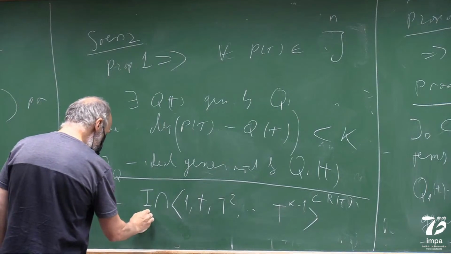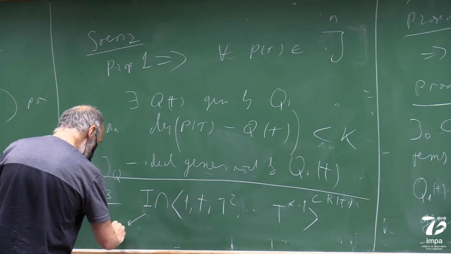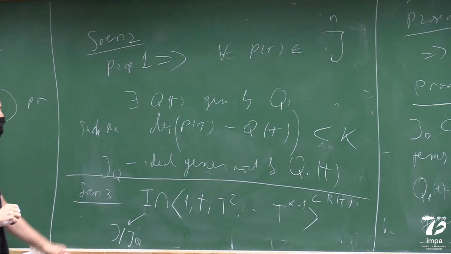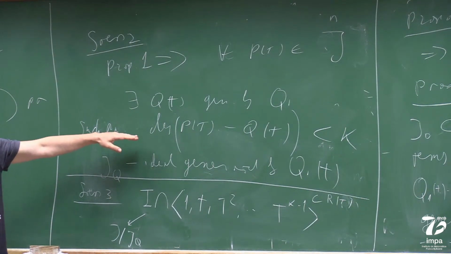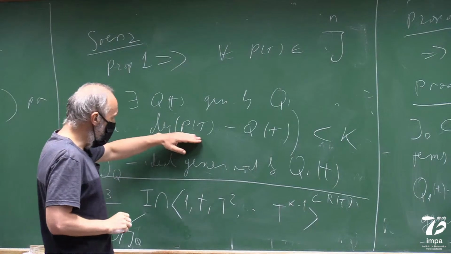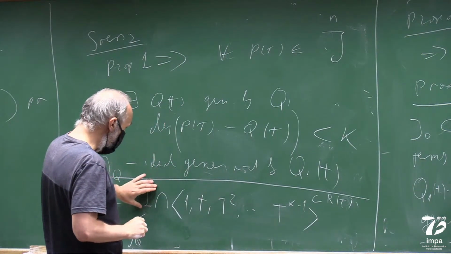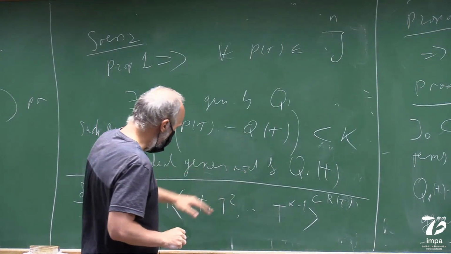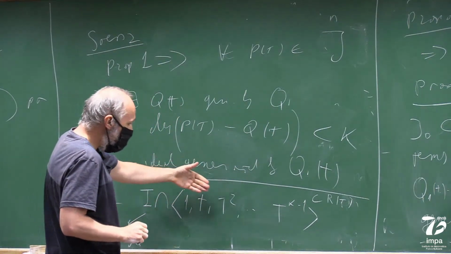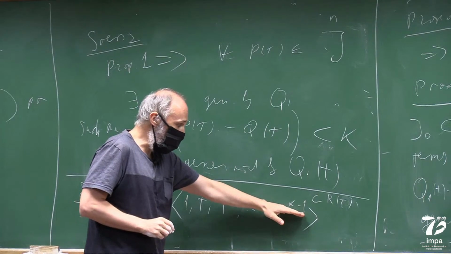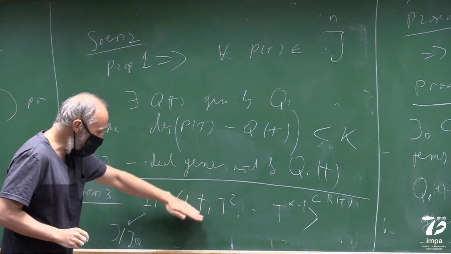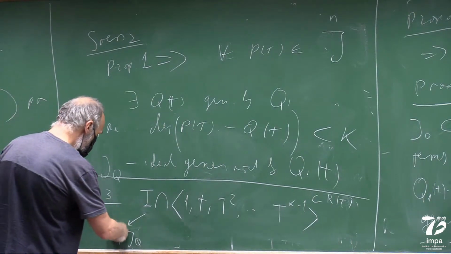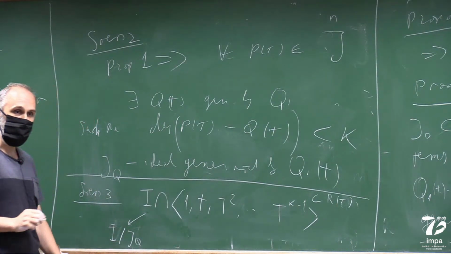And this is surjectively mapped to I quotient by I_Q by this argument, because every polynomial in I, up to I_Q, comes from a polynomial of degree at most k minus 1. So the natural map from this to there is surjective.